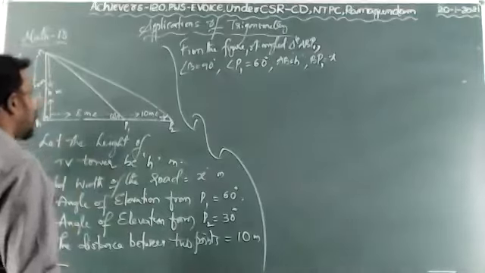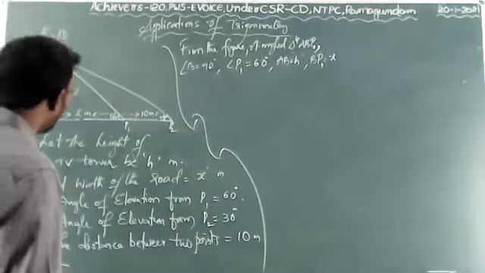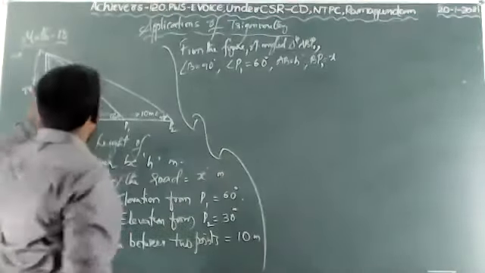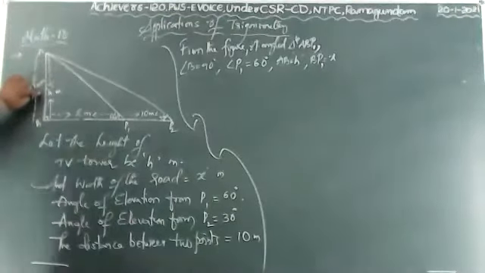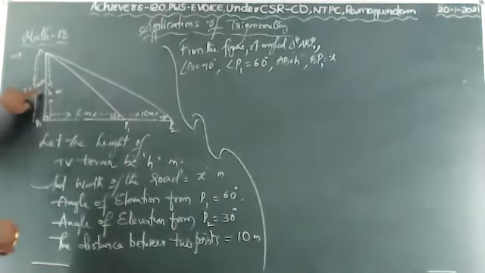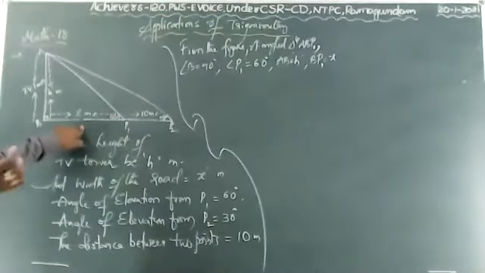So here angle B, angle P1, AB is equal to h, BP1 is equal to x meters. Now what is common? h. Let us find out here h. So here the side is there, h, and here also you have a value, that is x.